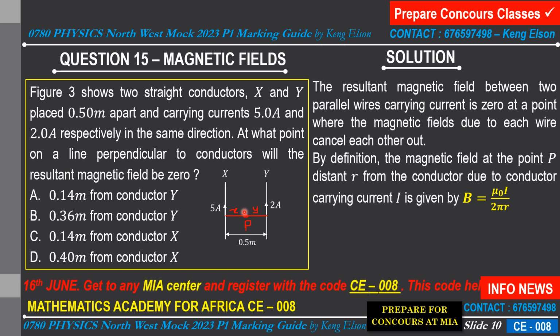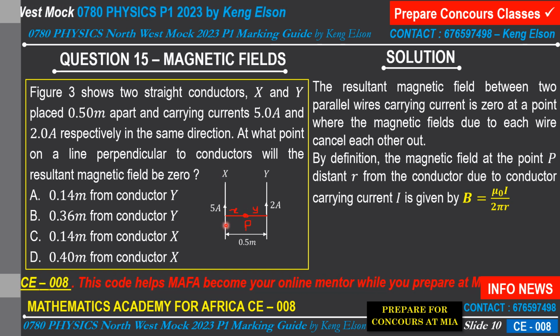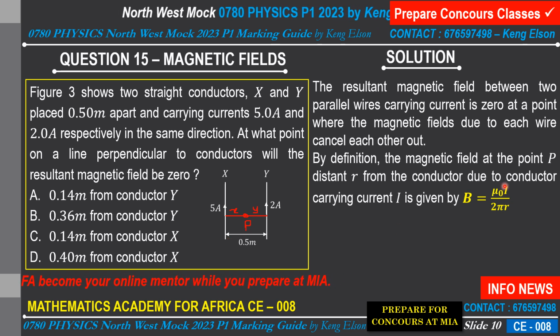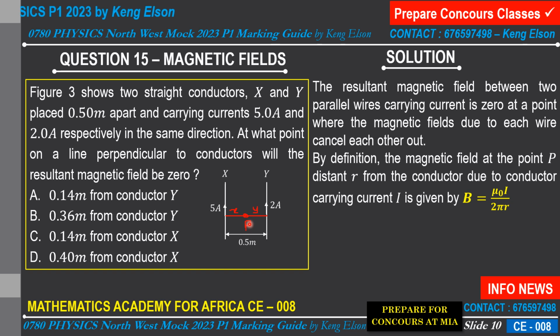So the magnetic field at point P due to conductor X is mu 0 times the current in conductor X divided by 2 pi times X, because X is the distance from conductor X to the point P.